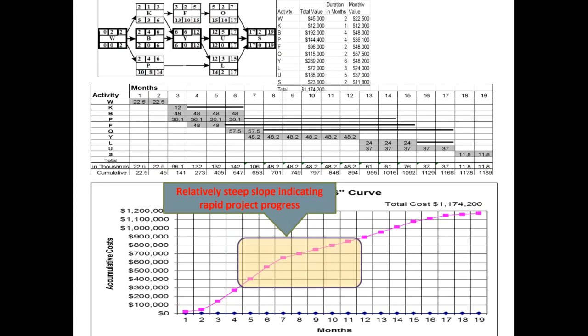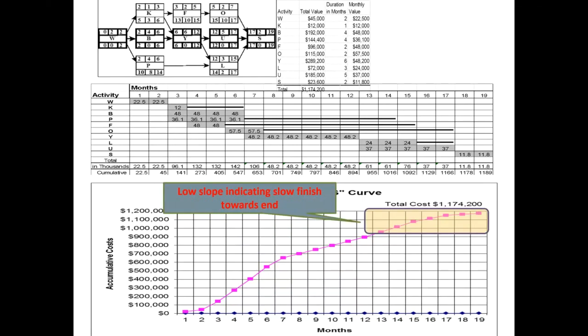And then this is followed usually by a relatively steep slope of a project, which indicates rapid progress, and towards the end where we have got finishing and handover of the project and commissioning, and relatively small progress.